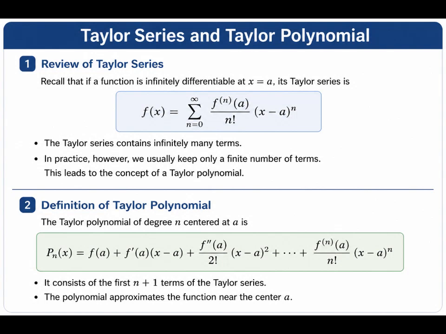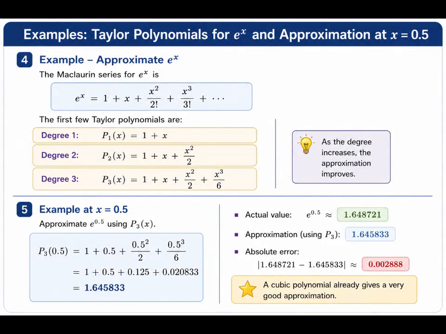Throughout this lesson, we will learn how to construct Taylor polynomials, use them to approximate functions, and most importantly, estimate the error introduced by these approximations. Let's begin with an example.